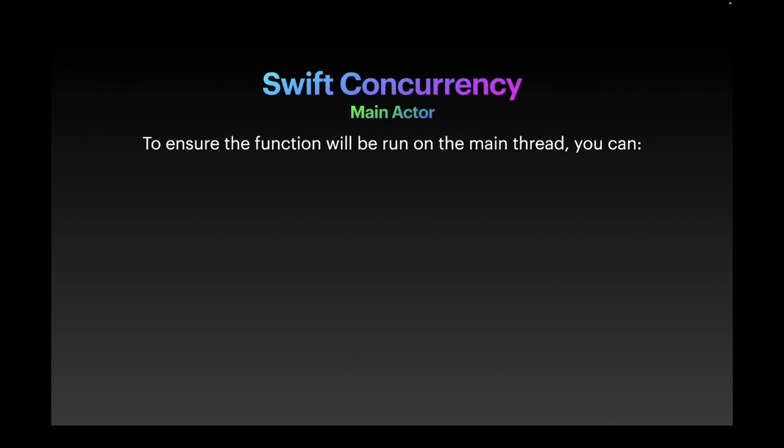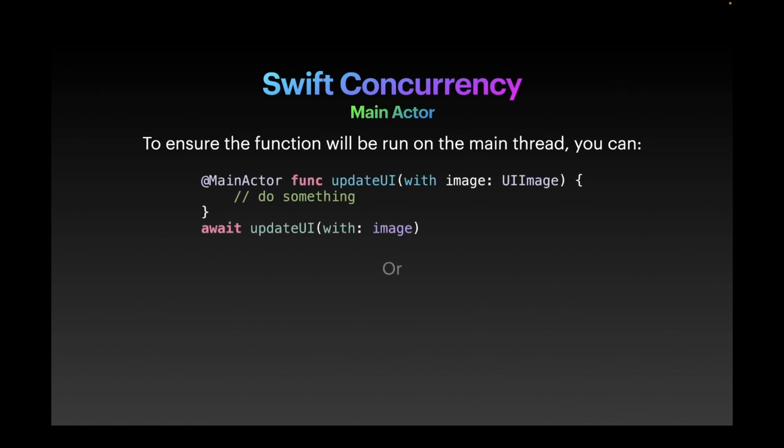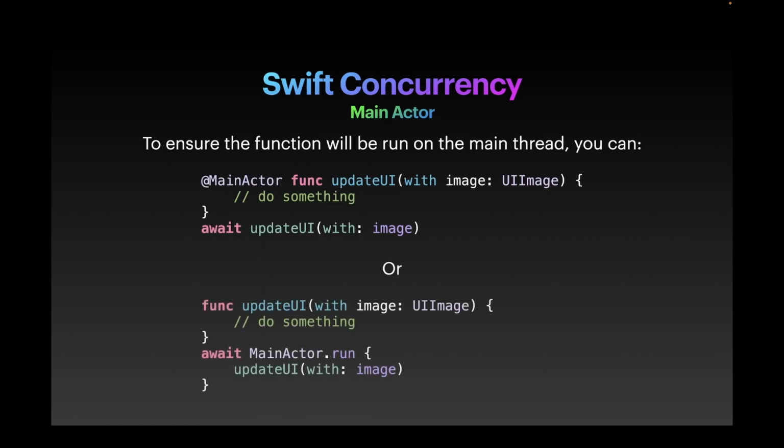You can do it in several ways. The first thing you can do is mark the function with @MainActor. In this case, when you call that function, you need to use await. This @MainActor internally transforms the normal function into an async await function.